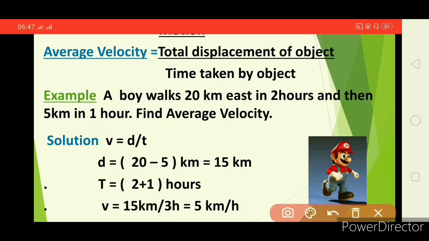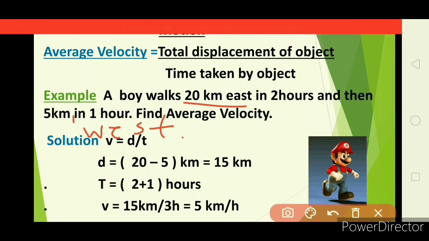Now we have average velocity, which equals total displacement of object upon total time taken. Example, a boy walks 20 km east in 2 hours and then 5 km west in 1 hour. Find average velocity.